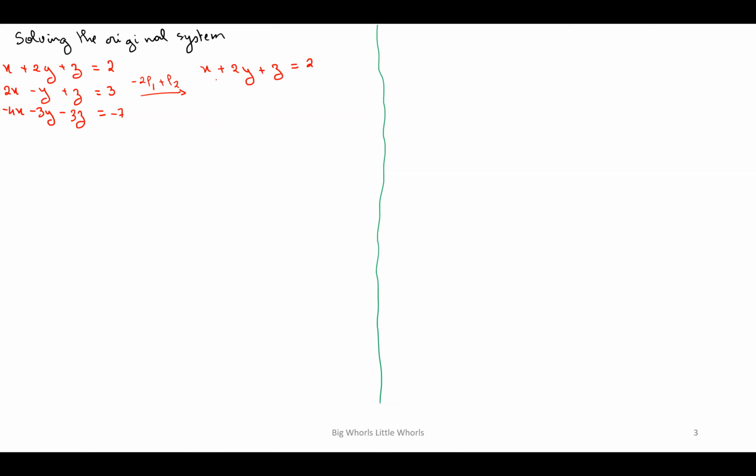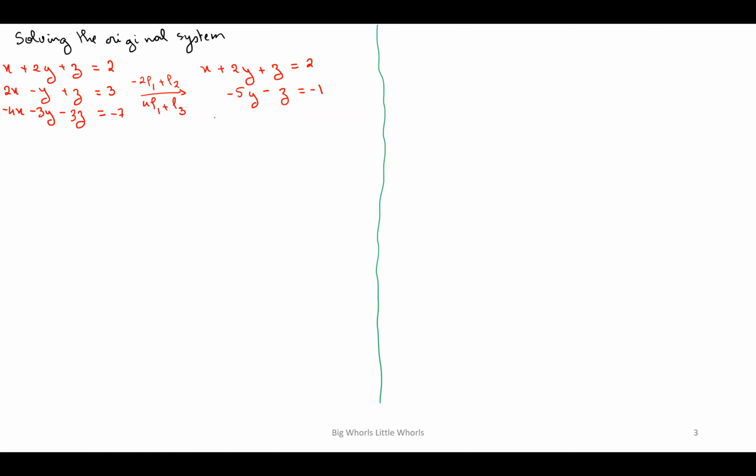So minus 2 times rho 1 plus rho 2. I have a 0 here. So minus 4, I have minus 5y there. Minus 2 plus 1 is minus z equals minus 4 plus 1 is minus 1. Okay, and for the third row, I have 4 times rho 1 plus rho 3.